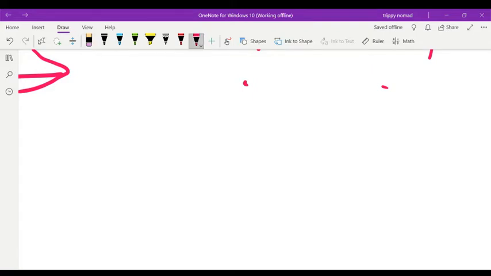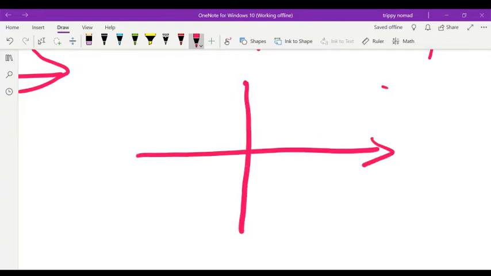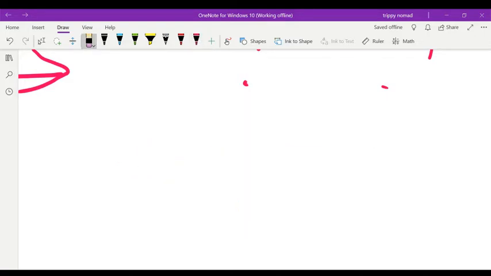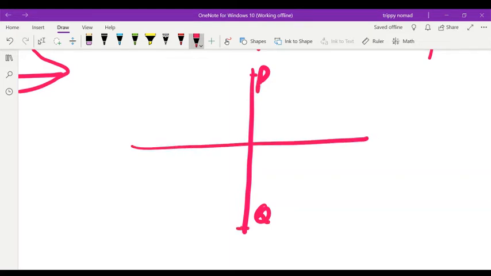Now here they asked about line segments, so we have to draw line segments here, not lines. This is P, this is Q, and this one X, this one Y. At which point are these going to meet each other?